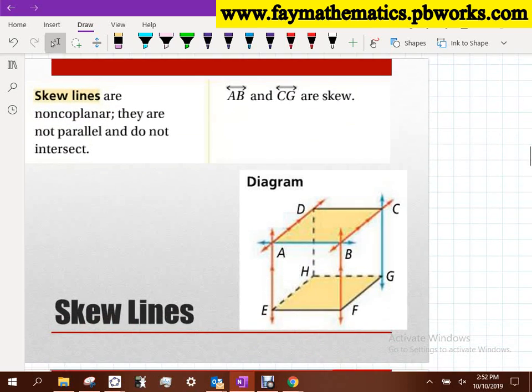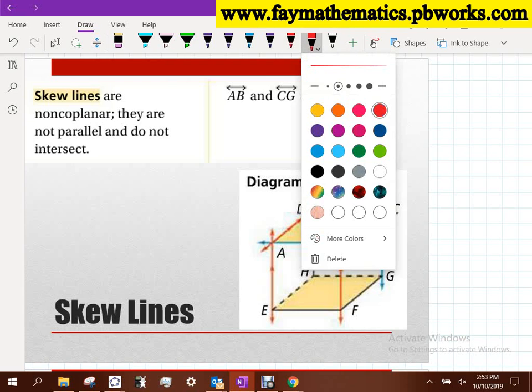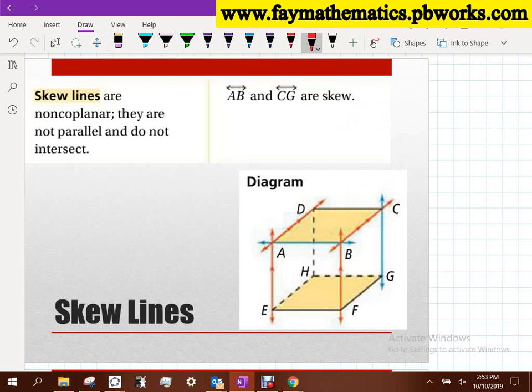A common picture that they give you to determine whether things are parallel or skew is one of these rectangular prisms, and they'll say, focus on maybe that line right there.